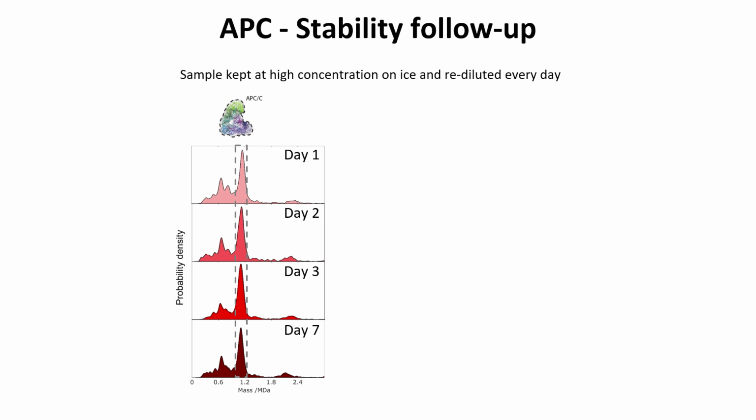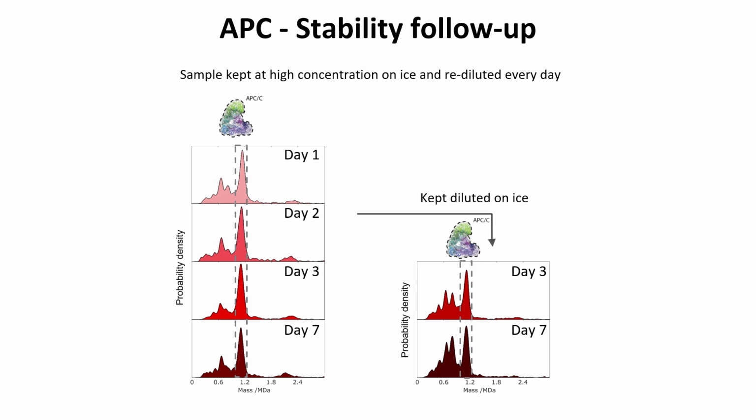We wanted to see also if this applies to diluted samples. So from day 2, we kept a sample in diluted state on ice. Throughout the rest of the week, what we got is disassembly of the full complex. So really, it's again a really nice tool to follow up on stability.